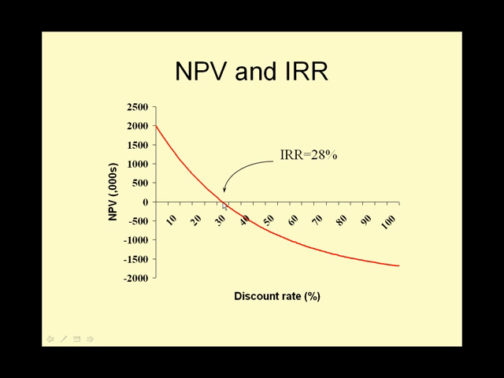Right at a discount rate of 28% is where the net present value is 0. If we have lower discount rates, we have positive net present values increasing as we lower the discount rate towards 0. And as we increase the discount rate beyond 28%, we have negative net present values.